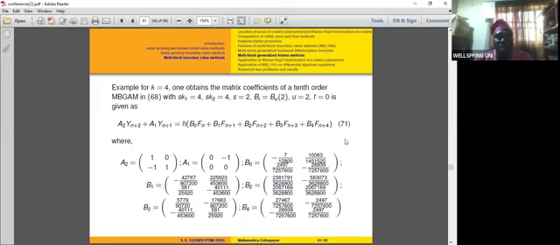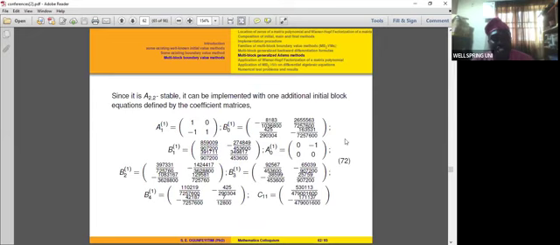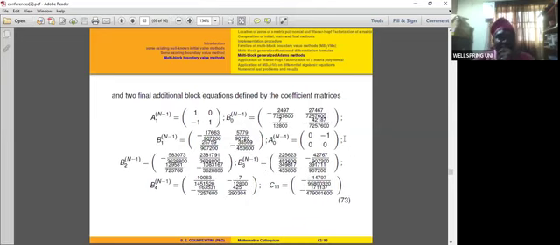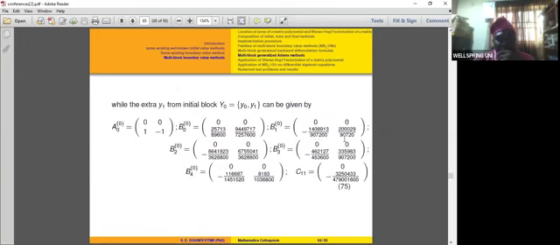Then we'll give one example. The example for k equals 4 is given in equation 71, where the coefficients are given below. We have the coefficients for A2, A1, B0 down to what? B4. Since it is A2 stable, it can be implemented with one additional initial block, which is given by the coefficients here, and two final additional blocks, which are given in equations 73 and 74 as well.